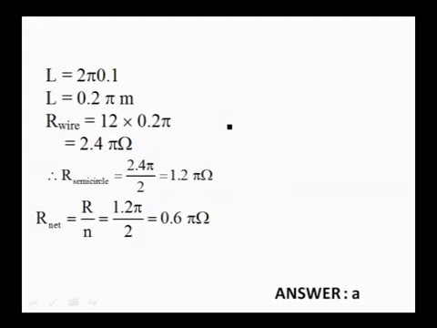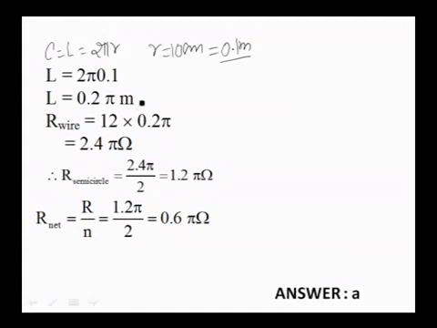The total length of the wire is equal to 2 pi r, the circumference of the circle. According to the problem, the radius is 10 centimeter, which can be converted into meter: 0.1 meter. Here 2 pi r, with r as 0.1, times 2, becomes 0.2 pi meter.